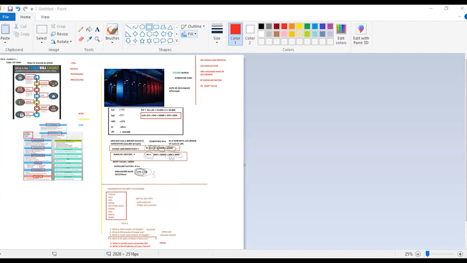Sir, this SLE, ALE, it's a part of SOC maintenance, no, sir? Single Loss Expectancy, Annual Loss Expectancy? It is part of threat intelligence, cyber forensics, and incident response. It mainly comes under managerial stuff.